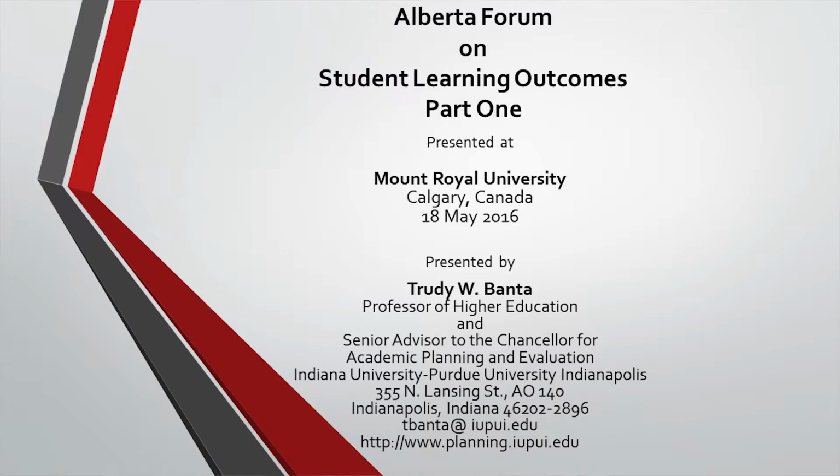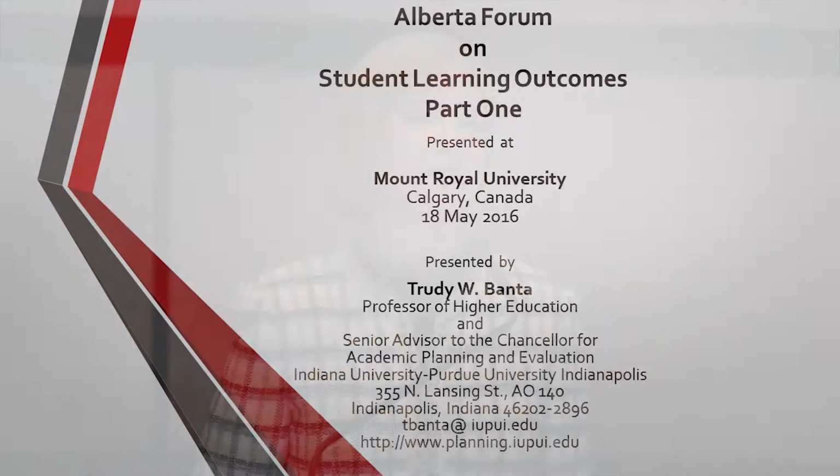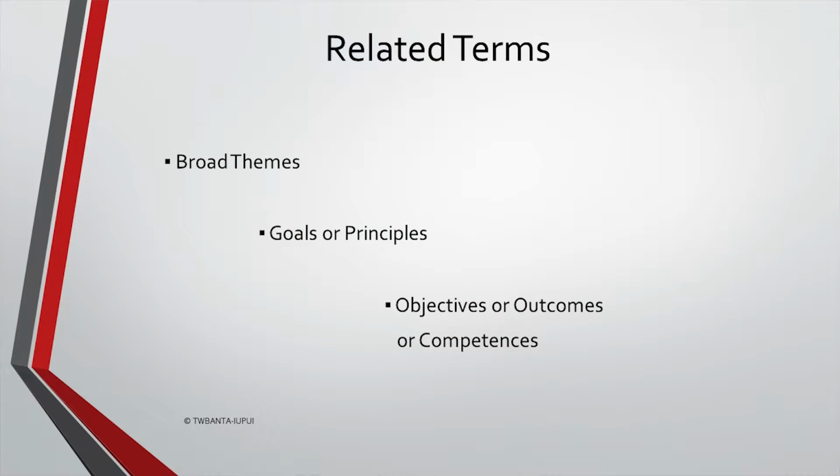I have learned that it is much easier to begin a conversation about something like outcomes assessment with agreement about terms. There can be lots of unproductive wrangling over terms if we're not clear. So I think in terms of broad themes, something like communication skills, then goals or principles at a second level, and that could be the subset of communication skills, oral skills, and finally objectives or outcomes or competences.